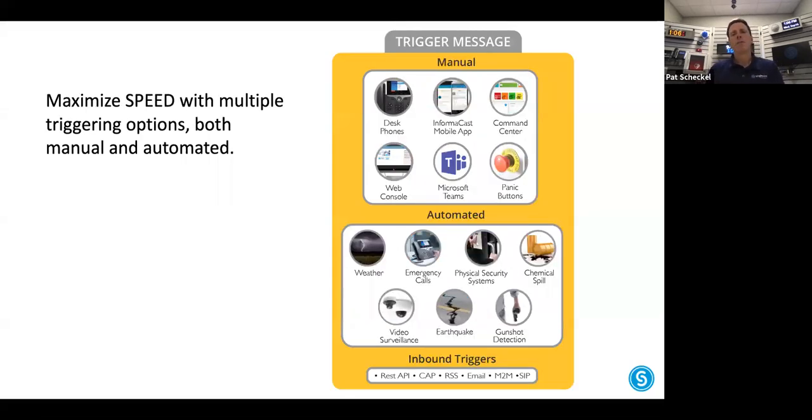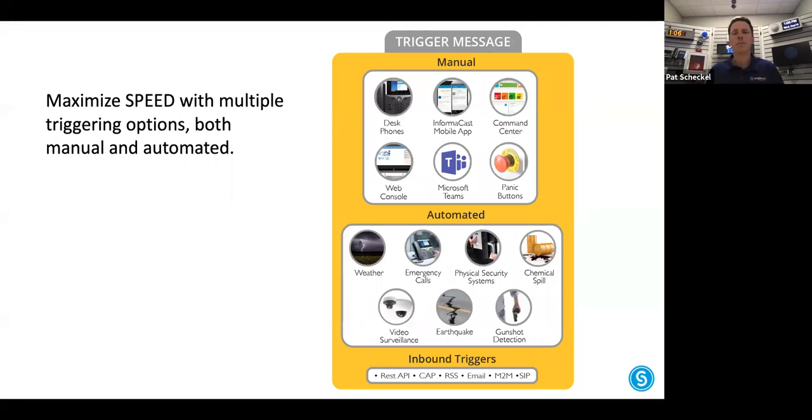So now onto the second main tenet of InformaCast. Again, the reach we covered, there's speed, and then there's intrusiveness. Speed is all about getting that message launched quickly, and it's also about how quickly the system itself can deliver the alert. And speed, in terms of getting the alert out quickly, often has to do with an automated trigger.